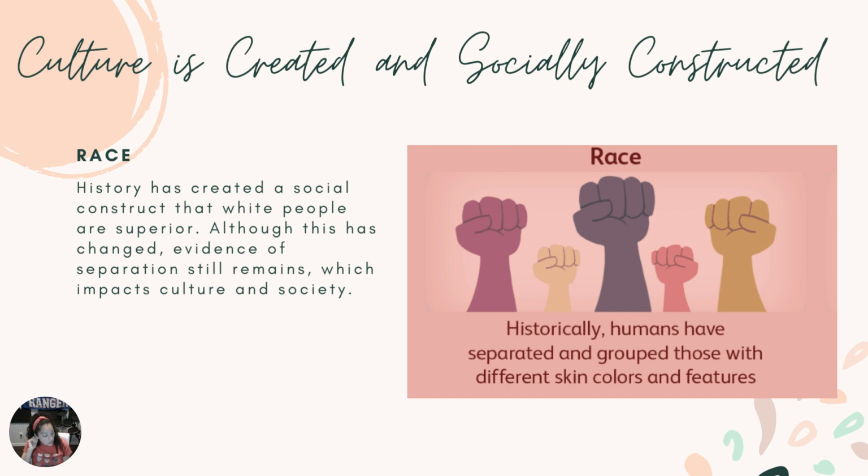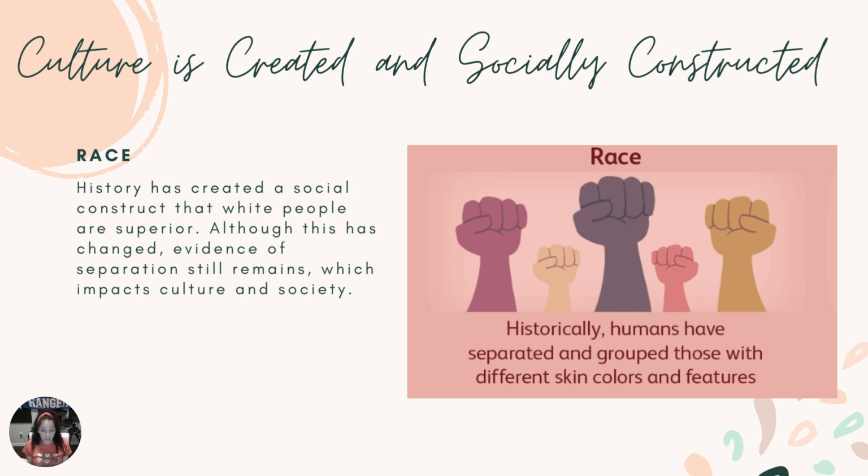Moving on to our next point: culture is created and socially constructed. Here I talk about race. Of course, I put a little image here. It says historically humans have separated and grouped those with different skin colors and features, which happened many years ago.